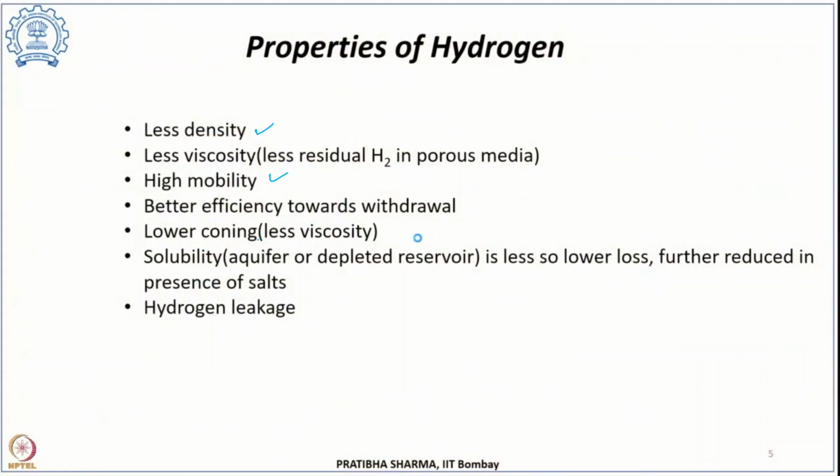Lower coning is very good when we remove the hydrogen, store the hydrogen, or put the hydrogen through a pipe. With lower viscosity, lower energy is required to flow the hydrogen from one place to another, or to put the hydrogen inside the earth crust. It is easy. That's why hydrogen has some advantages for storing at underground conditions.